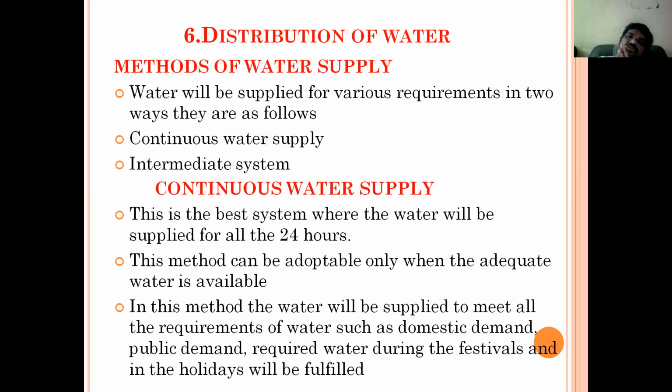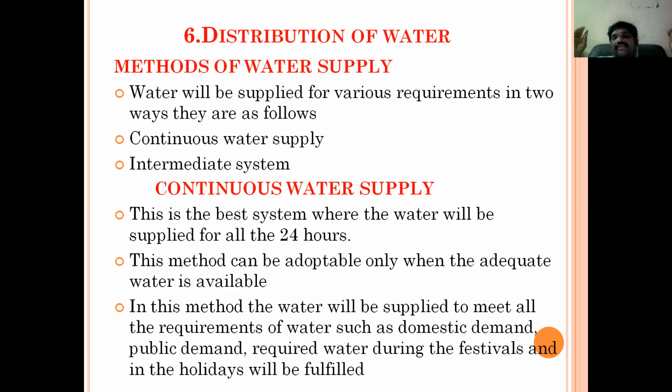See here, continuous water supply. By hearing those names, I think you got some conclusion on what is continuous and what is intermittent. So continuous water supply is the best system, where the water is available 24 hours of a day.